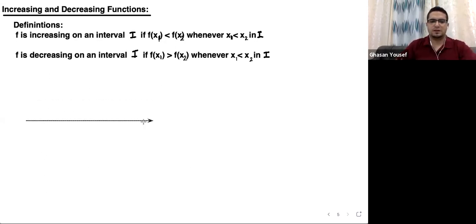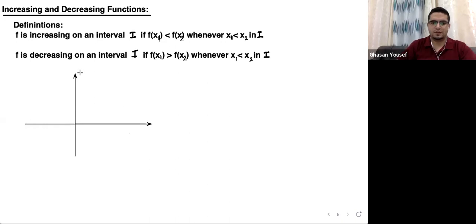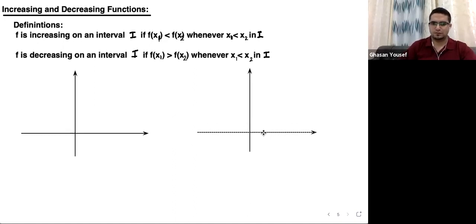So this is my Cartesian plane, xy. This is my x-axis, this is my y-axis. Okay, suppose my curve looks like this. This is my curve increasing.